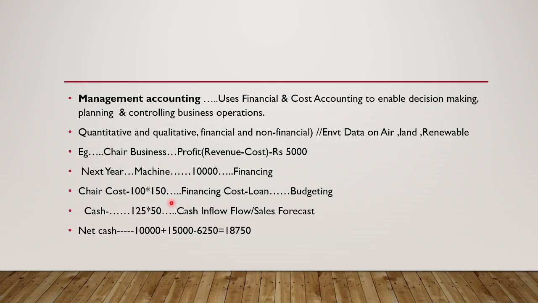And say that out of 150 chairs I am making, I'm only able to sell 50 chairs for cash. The balance 100 chairs I'll be selling on credit. So now I have to see the cash flow statement, which management accounting only can provide. Here I have done the budgeting also.